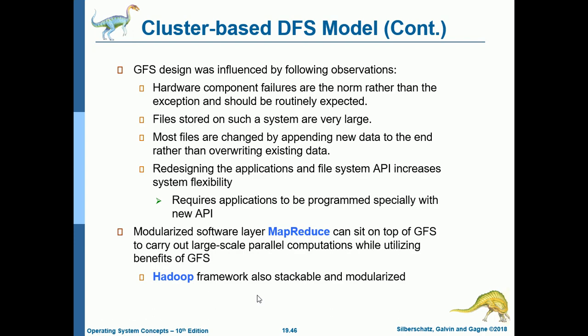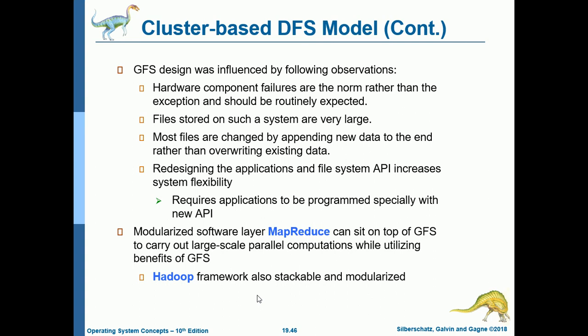The GFS design, or Google File System design, was influenced by the following observations. Hardware component failures are the norm rather than the exception, of course, because hardware over time will have a defect later on, so failures should be routinely expected. Files stored on such a system are very large, and most files are changed by appending new data to the end rather than overwriting existing data.